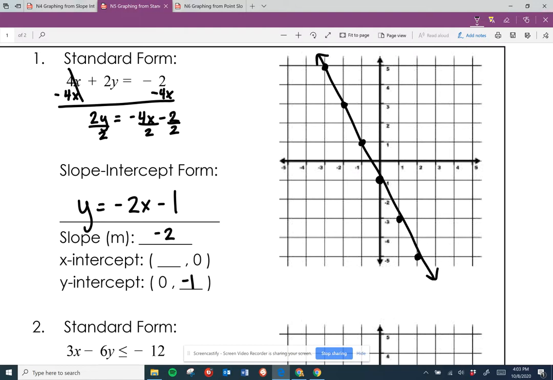I can see what the x-intercept is here. It's going to be halfway in between this -1 and the 0, so that's going to be -1/2.